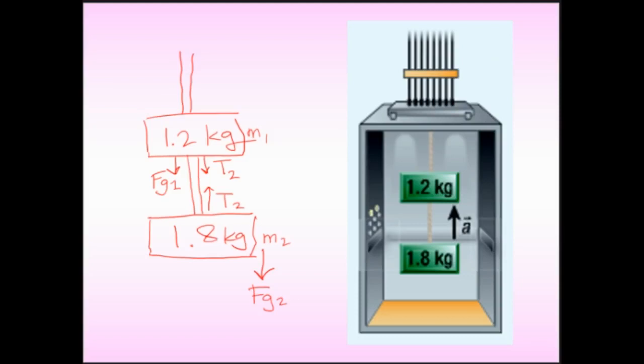You read my mind. You basically oversaw the evolution of this problem. Yes, it will, but just hold on until we do the problem. And then what's pulling up? T1. The whole system is moving where? Upward.